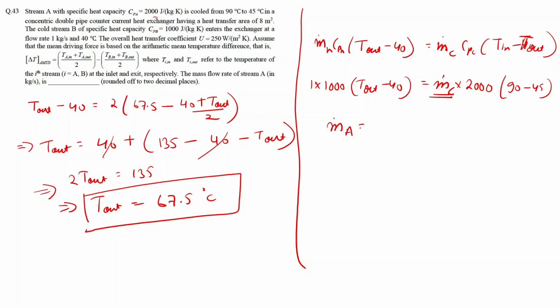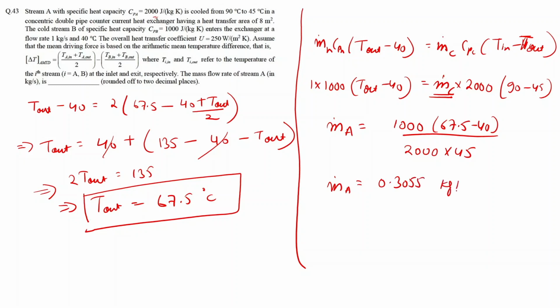M dot A will become 1000 into 67.5 minus 40, divided by 2000 into 45. So yes, we can solve this and the final answer will become 0.3055 kg per second.